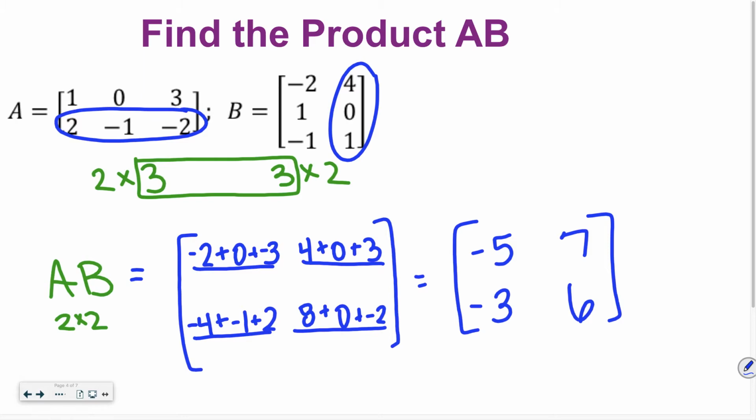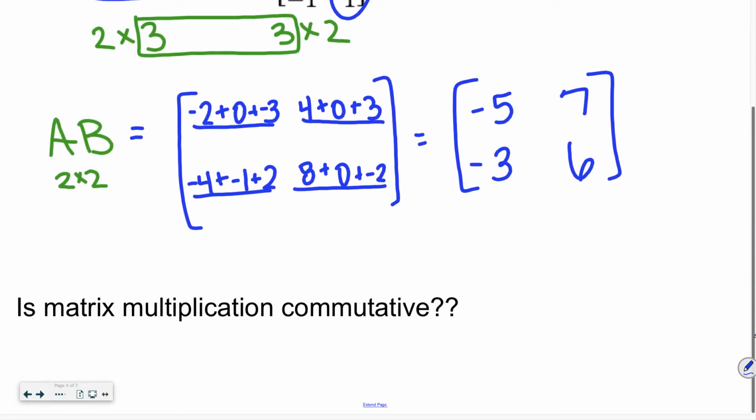Question I want you to talk about with your pod. Is matrix multiplication commutative?